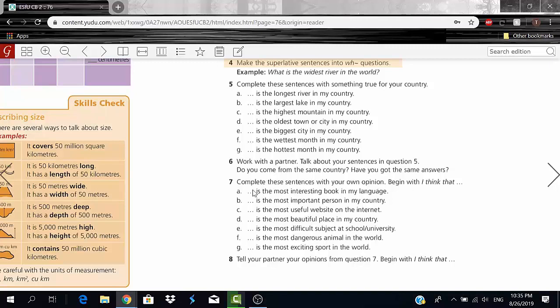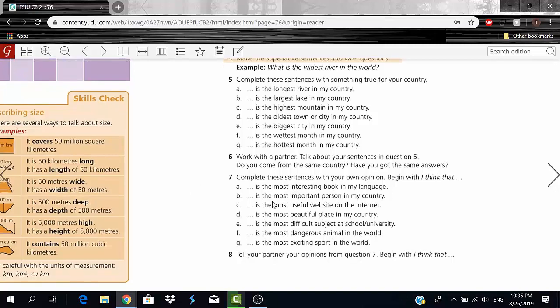I think that. So I think that dash is the most interesting book in my language. I'm really not too sure. I don't read Arabic books, so I don't know about that, but yeah. So is the most important person in my country. I don't think I have an opinion for that, because there are a lot of people in my country that are considered important, and without them, you know, things would not be running the way they are now.